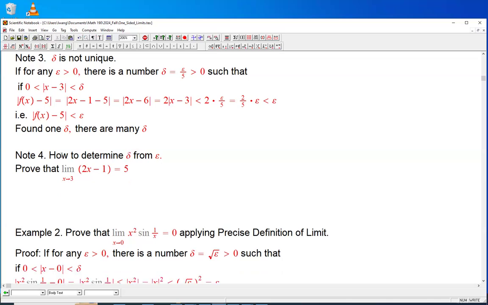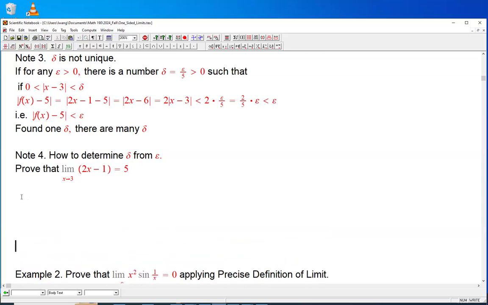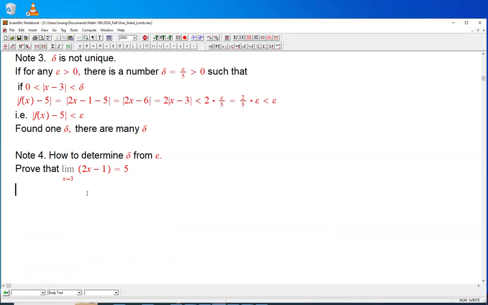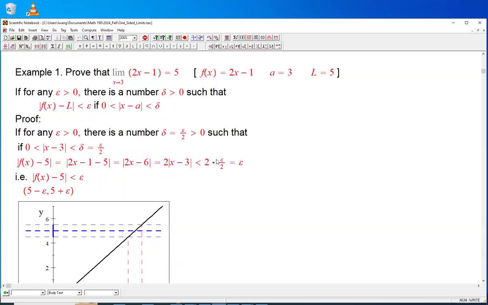Number 4, how to determine delta from epsilon. That is an algebraic question. I will show you how I decide delta. For any epsilon, I'm going to choose delta equal to half of epsilon, right?